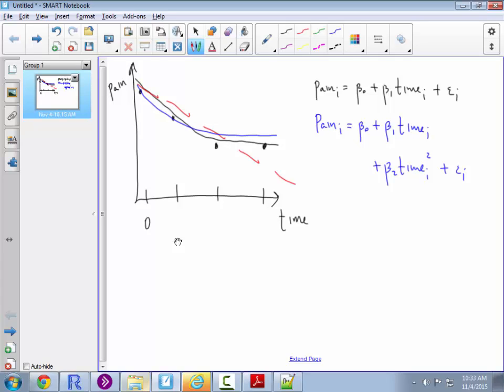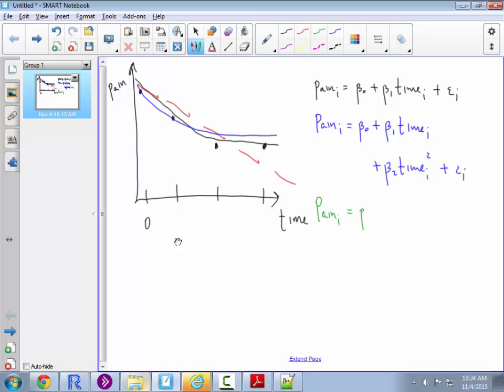We could say quadratic, we could say cubic, we could say lots of different things. What we're going to learn about on Friday is how to say something pretty general and let the data decide what the form is. Maybe I don't really think it's quadratic, but I think it's curvy.